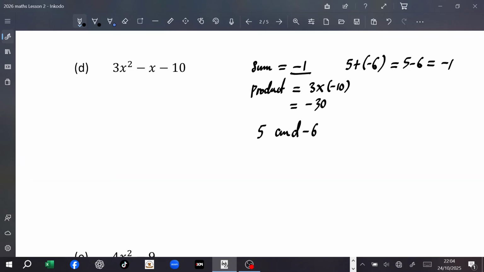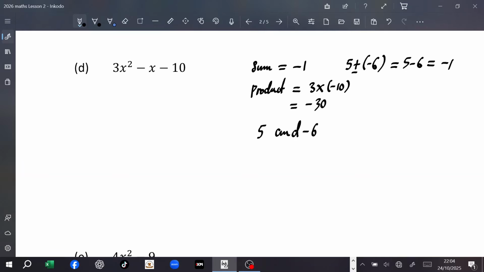Because here I've said positive, negative, negative. Then 5 minus 6, it is negative 1. In line with that. So it means that our choosing of 5 and 6 are correct because we have gotten that.